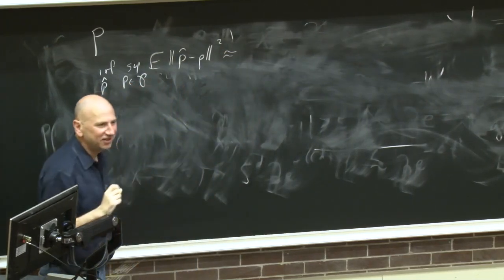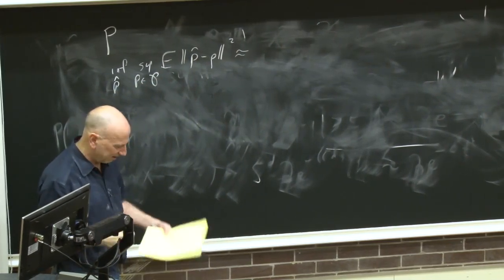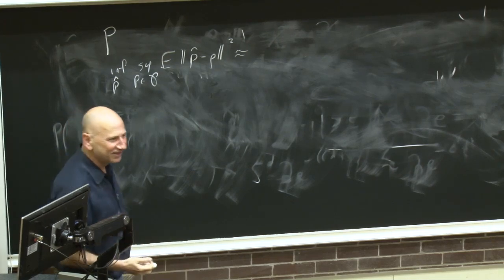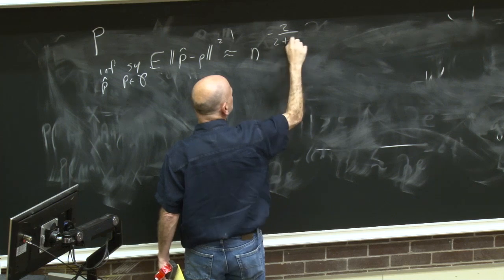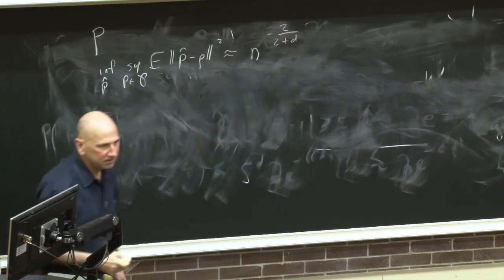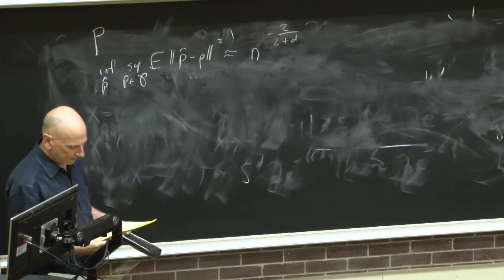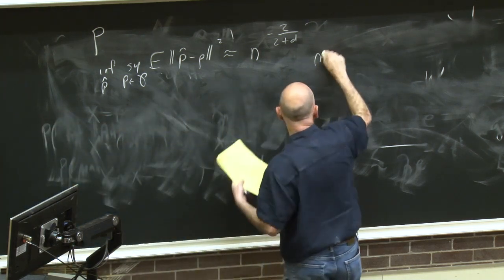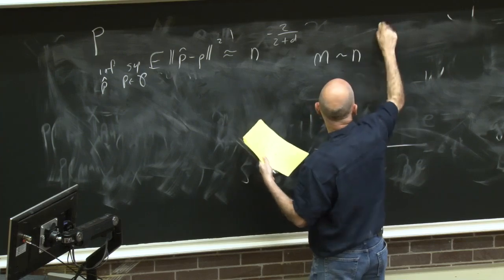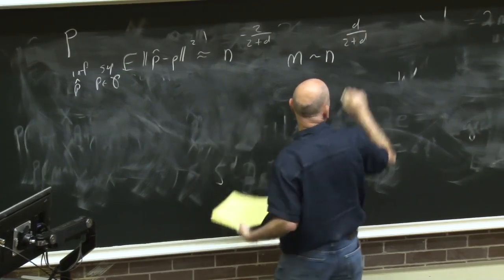You remember what the minimax rate is? I did, because I had to look it up, to be honest. It's n to the minus 2 over 2 plus d. And to do that, by the way, you need to use M to be like n over d, 2 plus d ns.